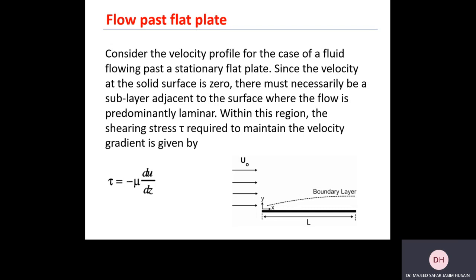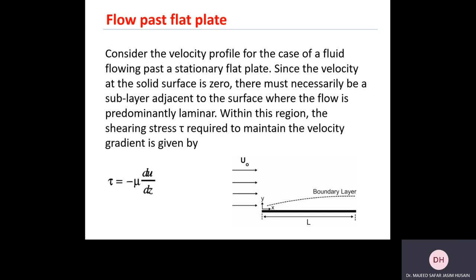Within this region, the shearing stress required to maintain the velocity gradient was given to you. And we said at one stage in fluid mechanics that the shear stress is proportional to the velocity gradient, which was du over dz.